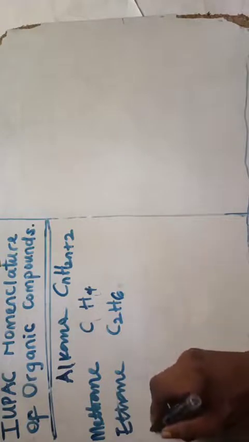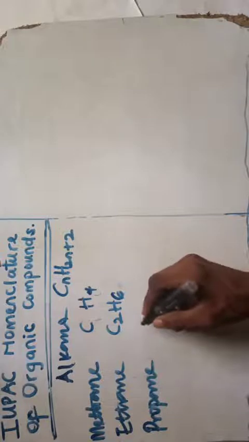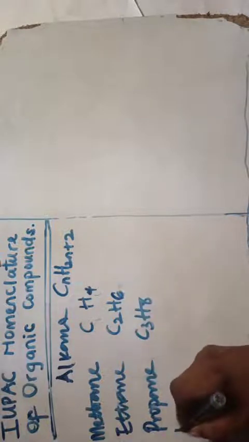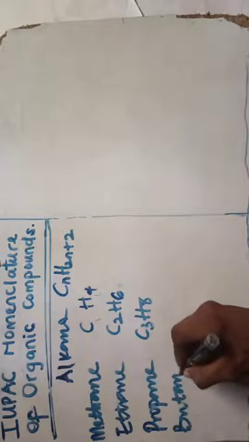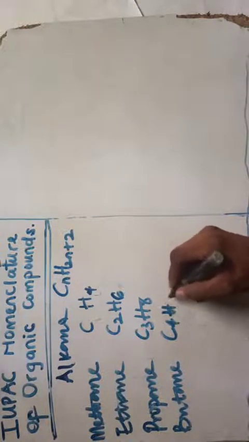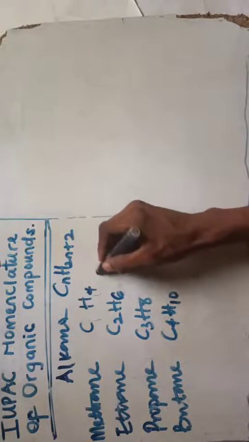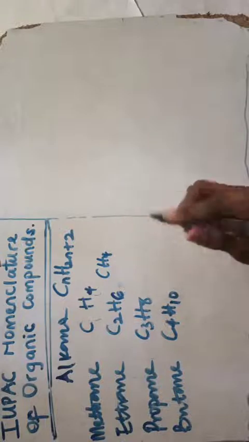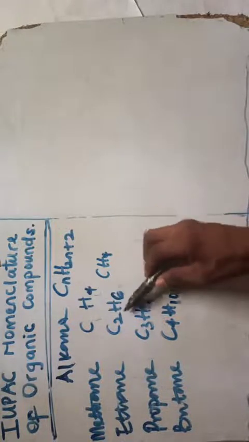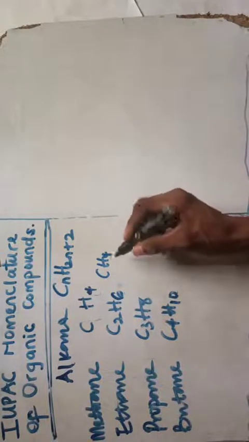Next we have propane, C3H8, and butane next, that will be C4H10. You see the difference: if I add CH2 to CH4, I get C2H6. If I add CH2 to this, that will be C3H8.